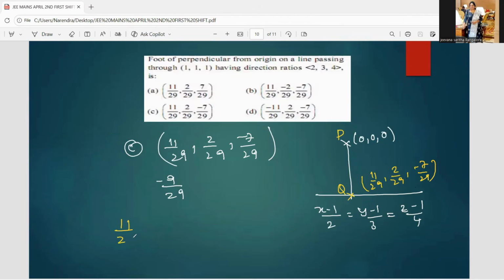So 11 by 29 times 2 plus 2 by 29 times 3 minus 7 by 29 times 4 is 0. So with these two conditions, we can conclude that the option is C. And this didn't take much time because I'm verifying the condition rather than solving it directly to get the foot of the perpendicular.